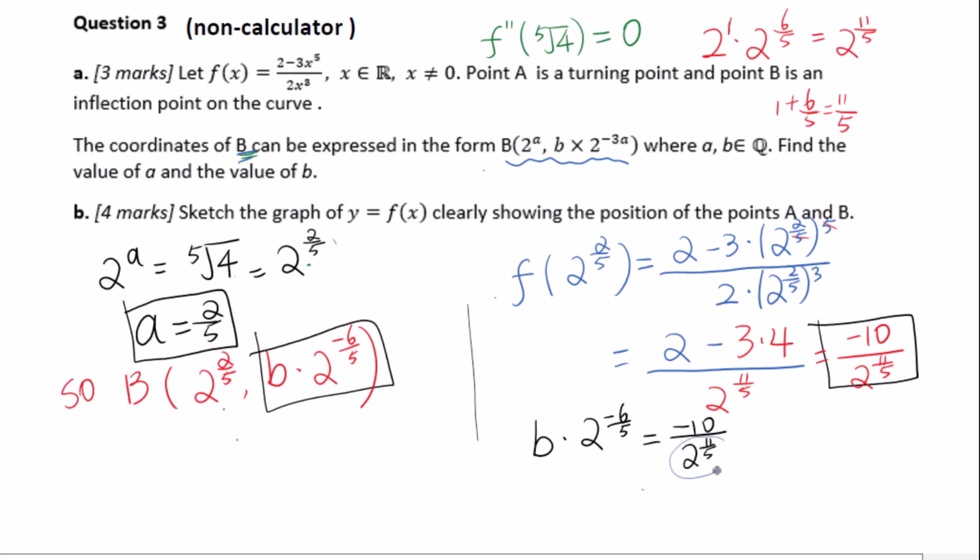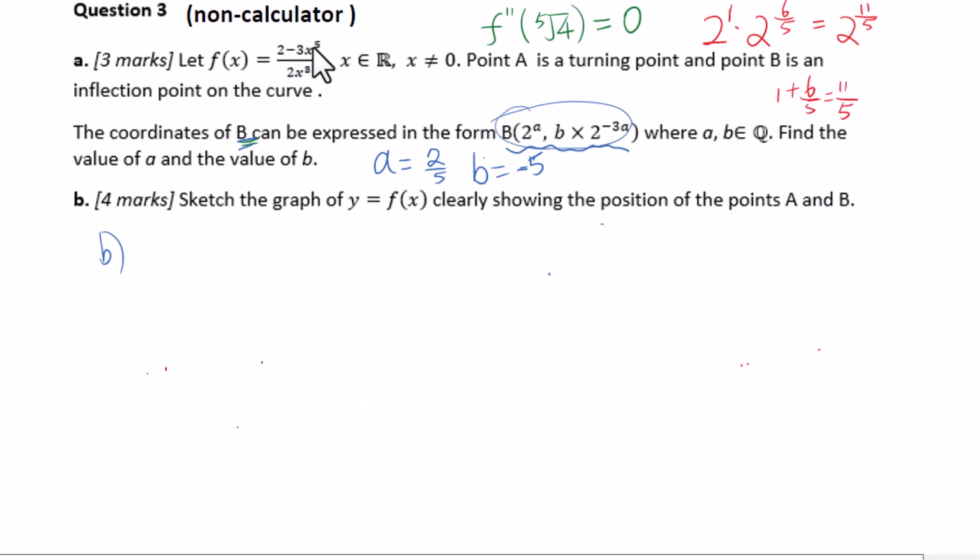Since we have a denominator, multiply by 2 to the 11 over 5 power on both sides. You will get b times 2 to the 11 over 5 minus 6 over 5, which is 5 over 5. That is 2 to the first power, equals negative 10. So we get b equals negative 5.